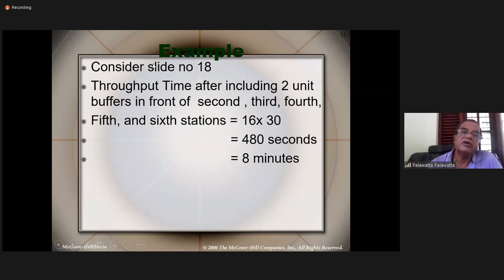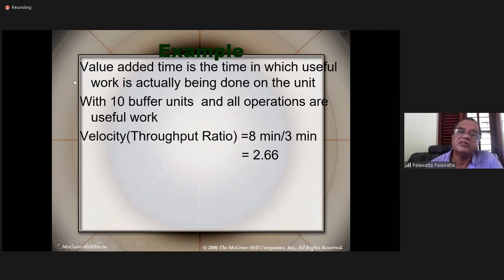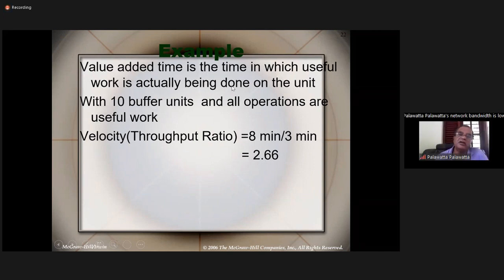So value added time is the time in which useful work is actually being done on the unit. In the second example, with 10 buffer units and all operations being useful work, velocity equals 8 minutes divided by 3 minutes. Value added time is 3 minutes, but the throughput time is 8 minutes.